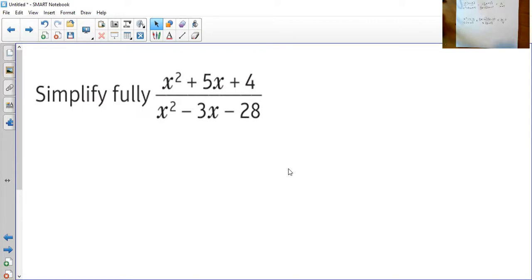So I'm looking at it and I'm thinking that the top will factorize to give me x plus 1, x plus 4. Now looking at the denominator, I notice 4 goes into 28. So I'm suspecting x plus 4 will go into the denominator. So pause the video for 1 minute, give it a go, and then we'll go through the answer.